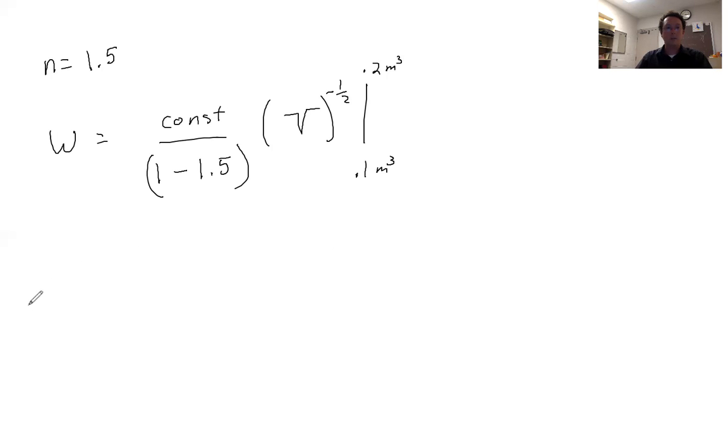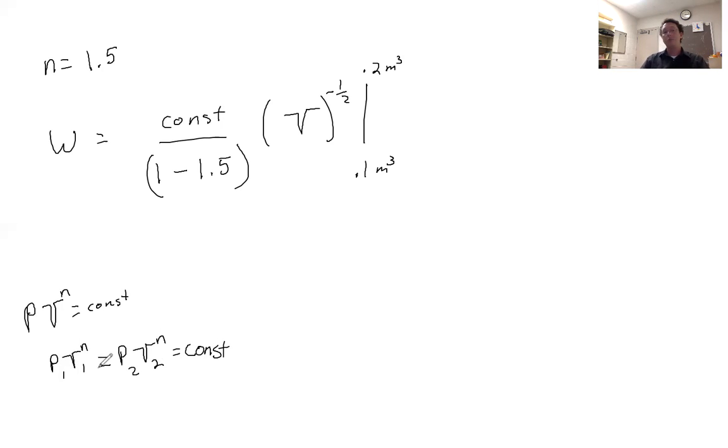P times V to the n is a constant, which means the constant can be written as P1 V1 to the n, or it could equal P2 V2 to the n, because they're both equal to the constant. That's the whole point of this process: this combination remains constant the whole way. I just choose whichever one I have more information about. Well, I have more information about state 1. I know the pressure 1 and the volume 1.